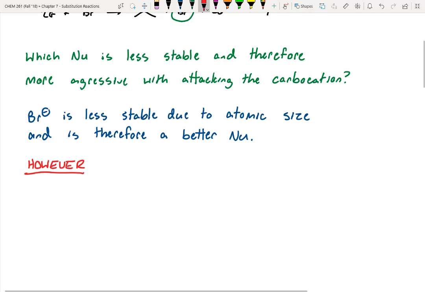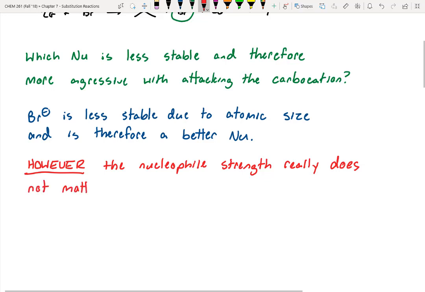So I'm going to write, however, in all caps: the nucleophile strength really does not matter, since the rate for Sn1 does not include the nucleophile.